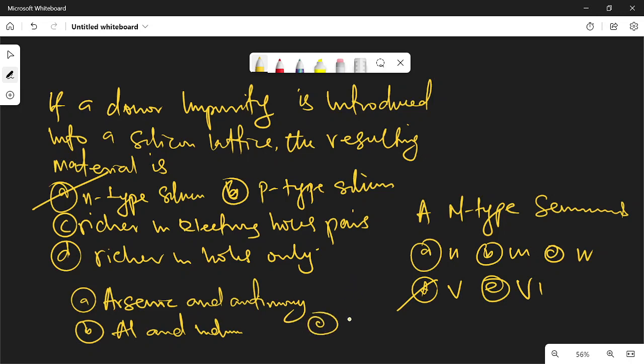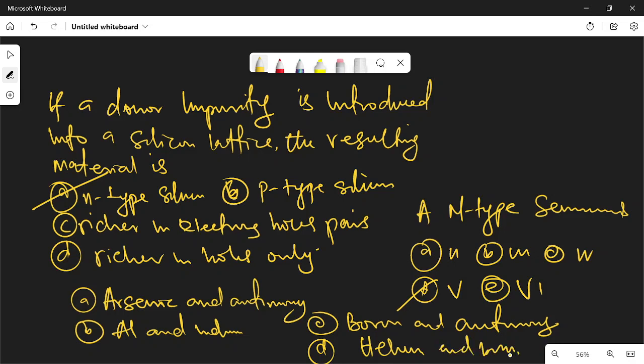C. Boron and antimony. D. Helium and boron. So what is the right answer? Option A, arsenic and antimony, because the person needs group 5 elements.